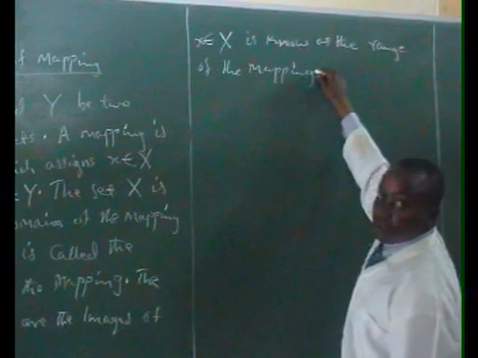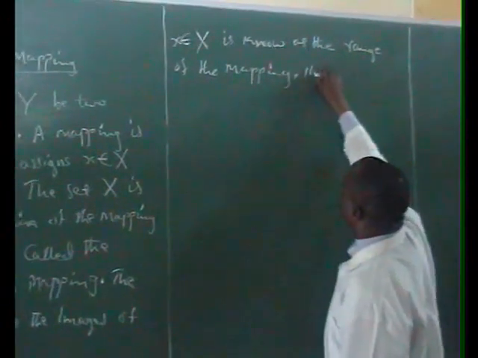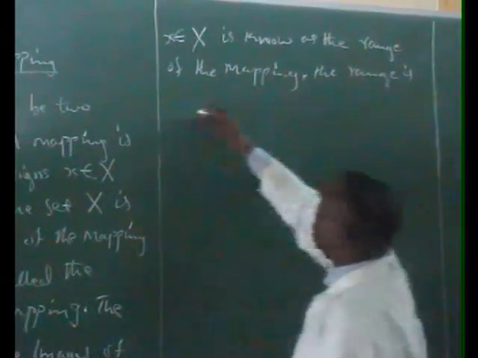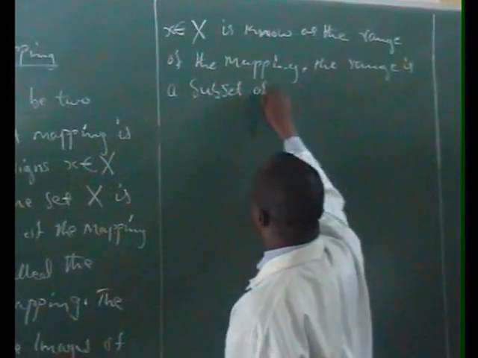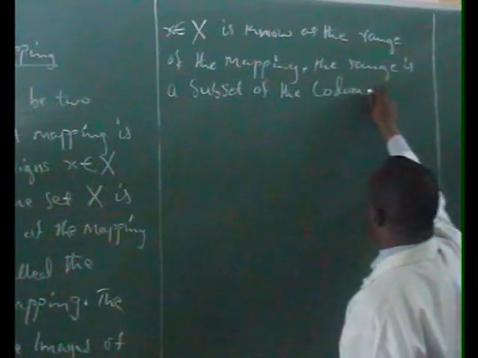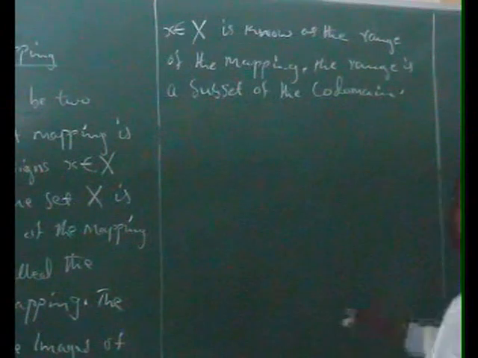And we should note that this range is a subset of the codomain. The range is a subset of the codomain.